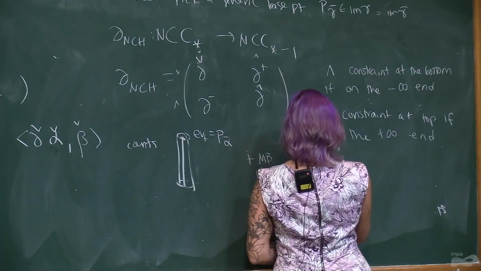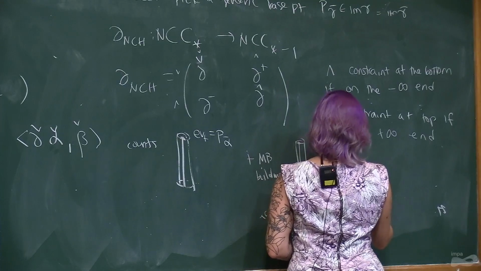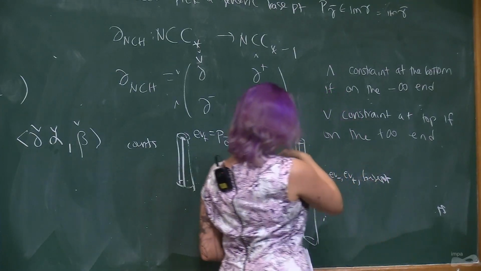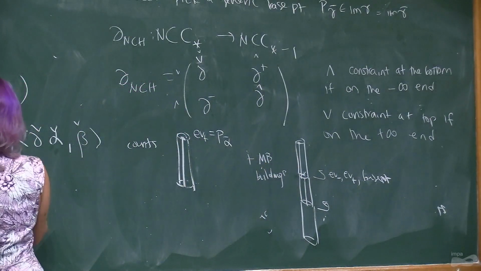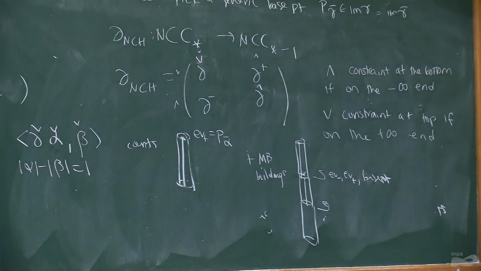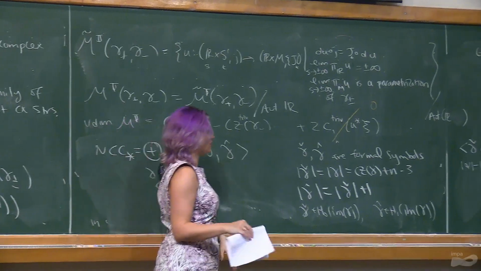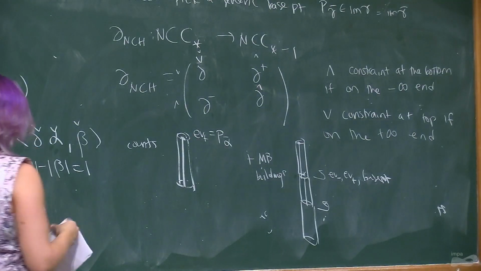So you have ev minus, ev plus, and then the point constraint, base point. And it's ordered by the Reeb flow. And then here, the index difference between alpha and beta is going to be equal to 1. And because I have a point constraint at the top, the virtual dimension of my moduli space, which is 1, will be cut down by 1, so it'll be 0 dimensional. So this will give me a finite count of elements.